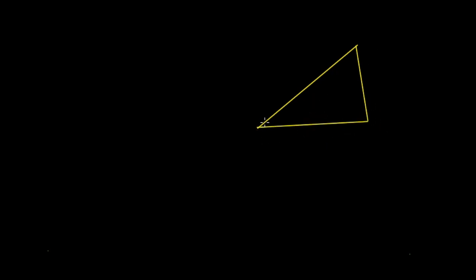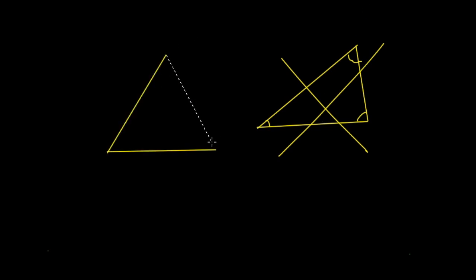Since this triangle here doesn't have a right angle anywhere, we cannot use the Pythagorean theorem on it. Since this triangle right here doesn't have a right angle on it, we can't use this either. It has to be exactly 90 degrees.